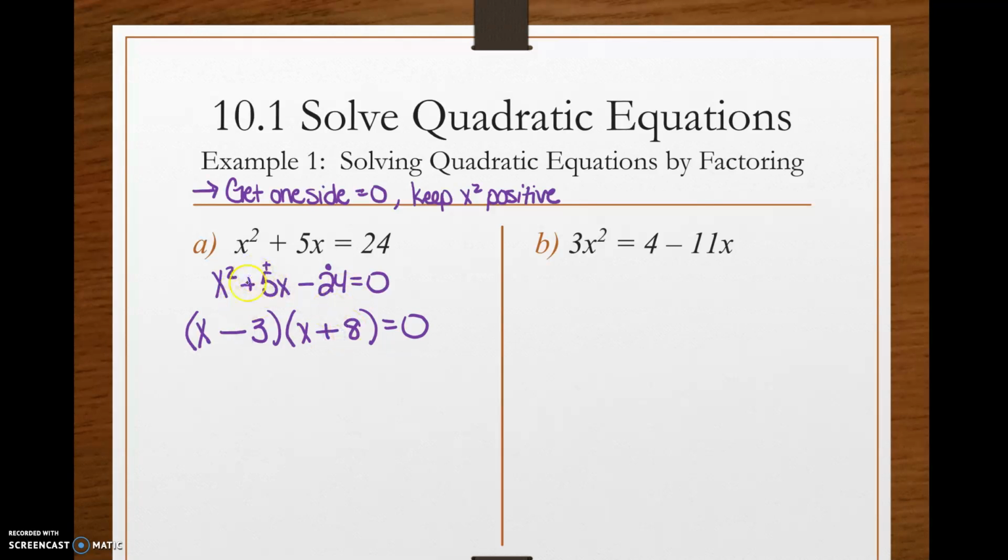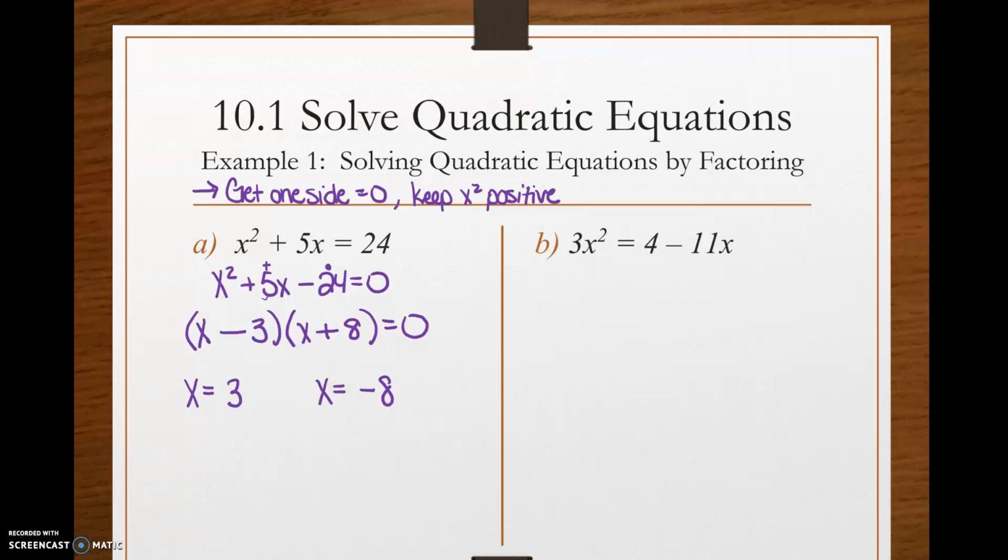If you're trying to add up to a positive number, the bigger number needs to be positive, the smaller number needs to be negative, so that it's 8 minus 3 to give you 5. This is the factored form. Now what are the solutions? X equals 3, x equals negative 8.